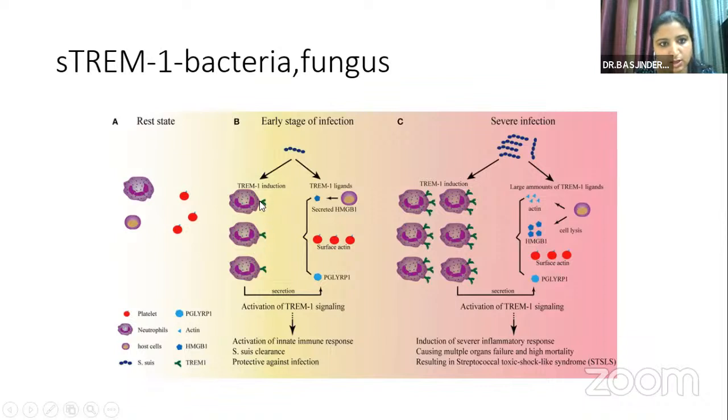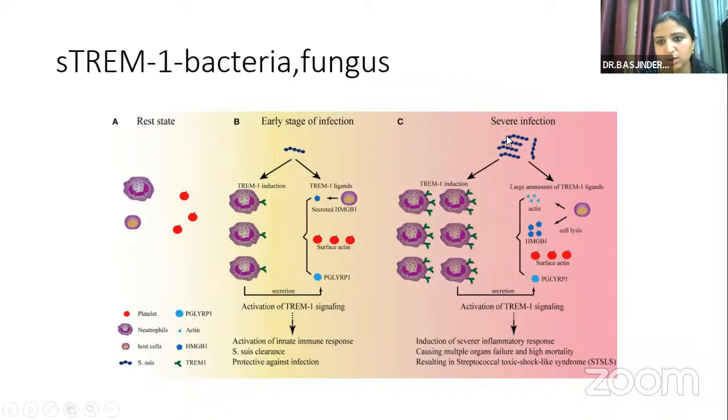It gets attached to the myeloid cell and triggers it, which leads to the activation of TREM1 signaling, and there is activation of the innate immune response, and a generalized sensitivity reaction to the infection in the body. And here you can see there is the high mobility group box 1 molecule also, which is secreted by cell lysis. This is also an important infection biomarker in the ICU, caused by the cell lysis.